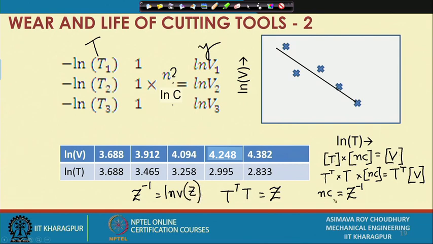So, this n c will now be solved by the multiplication of these three: transpose of t and z inverse, which is the inverse of t transpose multiplied by t. n c can be directly solved this way, okay?